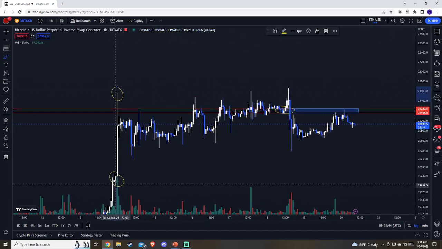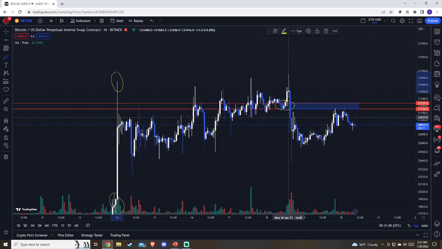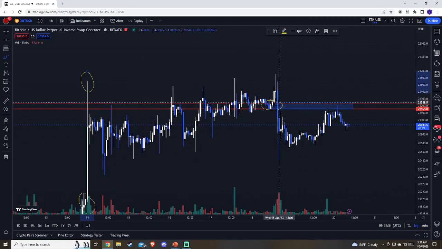From that perspective, you would say, okay, we're still in an uptrend. Well, from what we're seeing here, we are actually in a confirmed downtrend, based on the simple fact that this support has now turned resistance, and now we are in a confirmed local downtrend, right?